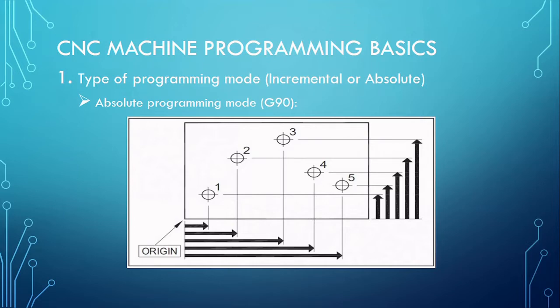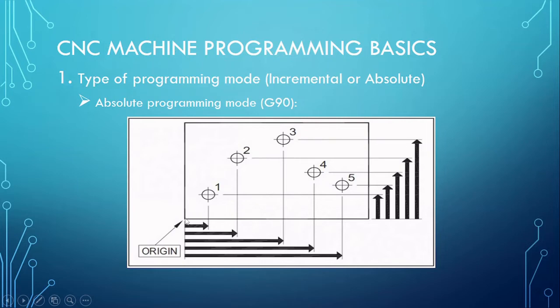So once the part program reads G90, the machine knows that the programming is in absolute. For the absolute, there is a common origin in this case. So every point of operation is measured from the common origin. So point 1 is measured from here.